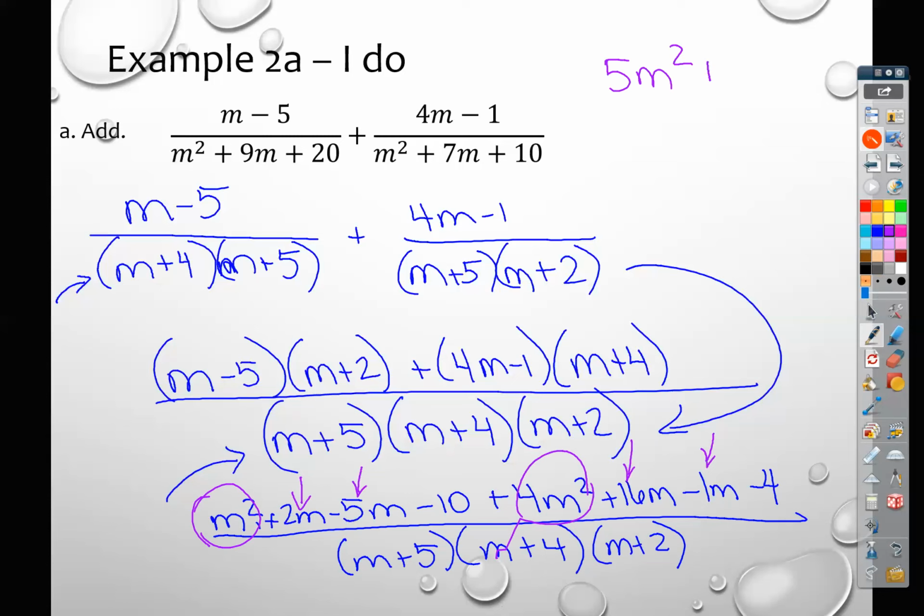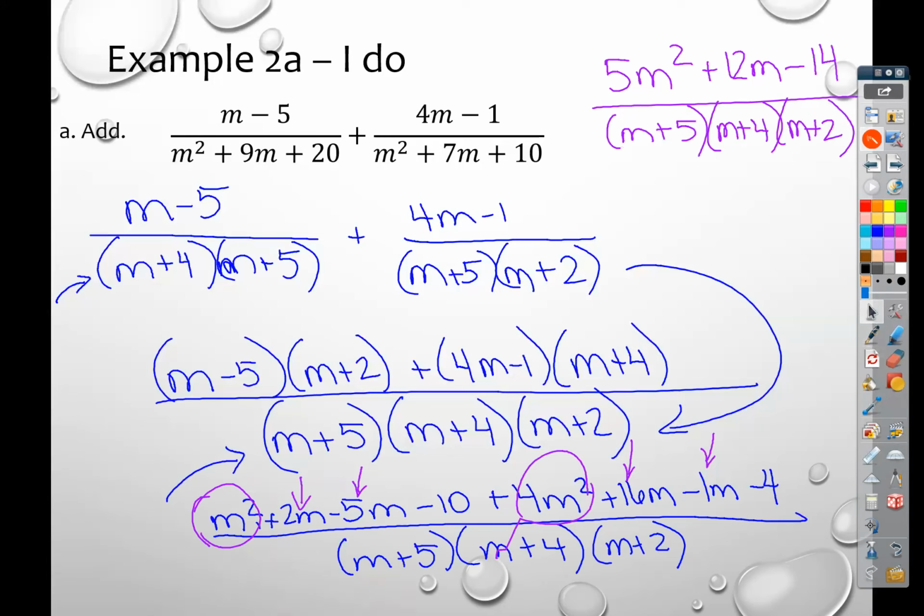Minus 1 is a positive 12m. -10 minus 4 is -14. And that is all over m plus 5 times m plus 4 times m plus 2. And that numerator is prime. So that in purple is our final answer.